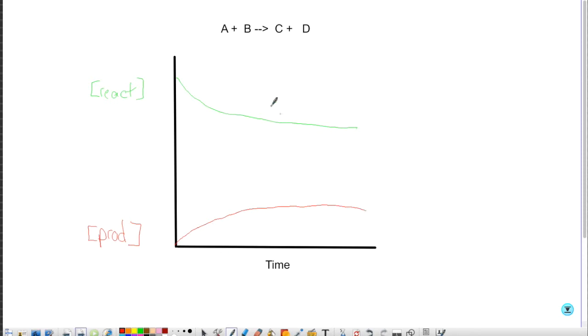And I get to a point where my concentration of reactants isn't changing, my concentration of products isn't changing. Here again is another example of equilibrium happening. But in this case, you're going to end up with a larger concentration of reactants. So this, we would say, favors the reactants, or equilibrium lies to the left. You got what I'm saying here, hopefully?